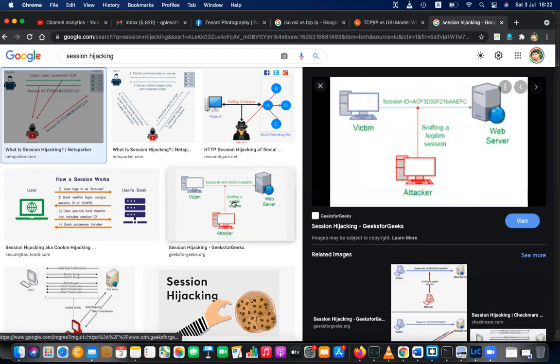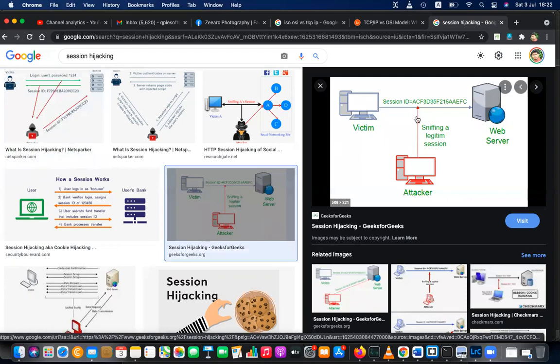And here is another picture. Victim and web server having a session. Let's say you have logged into Facebook, and another person in your network tries to steal your session ID, to sniff or get your session ID secretly.